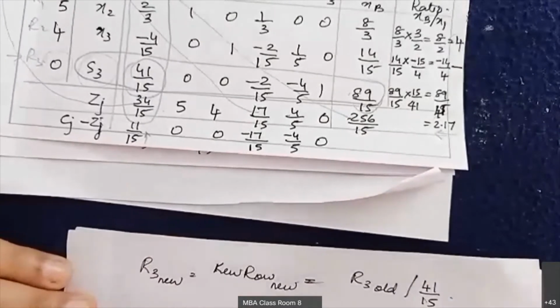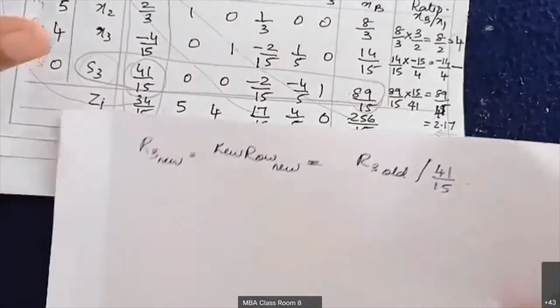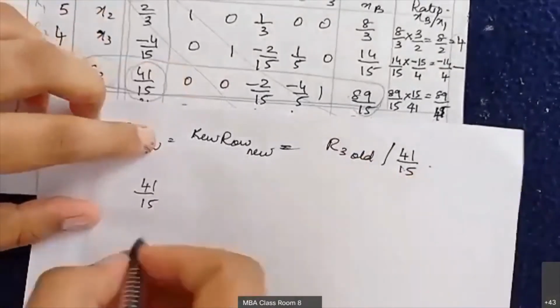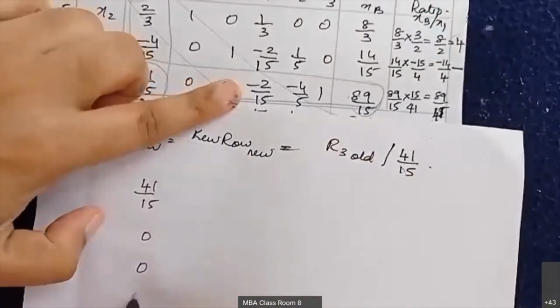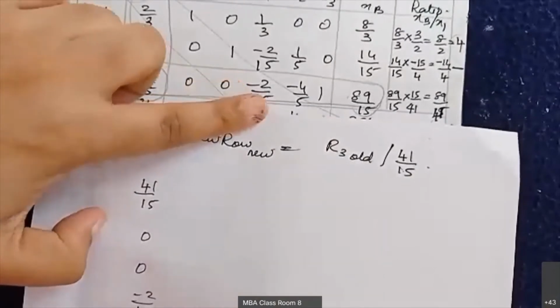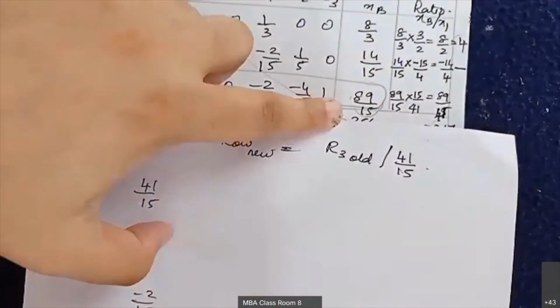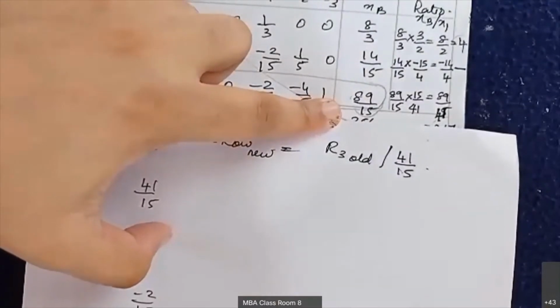So each of the R3 values I should divide by 41 divided by 15. Tell me the values of R3. First of all, it is 41 divided by 15. Then I have 0, 0, 0, 0, minus 2 by 15, minus 4 by 5, then 1. Then I have 89 divided by 15.